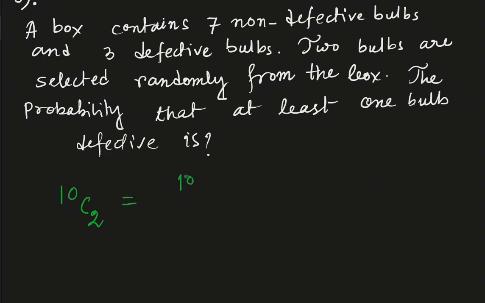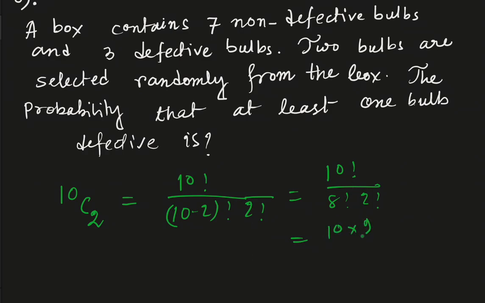That is 10 factorial over (10 minus 2) factorial times 2 factorial, which is 10 factorial over 8 factorial 2 factorial. I suppose you all know factorials and combinations, right? And 10 into 9 by 2 is 45 ways. Now in 45 ways you can choose 2 bulbs.